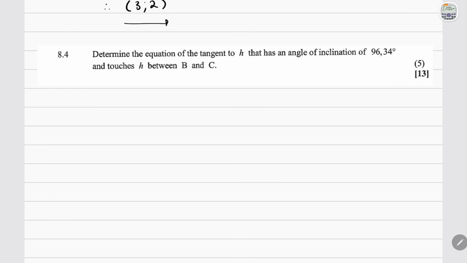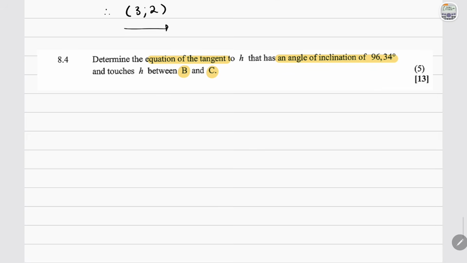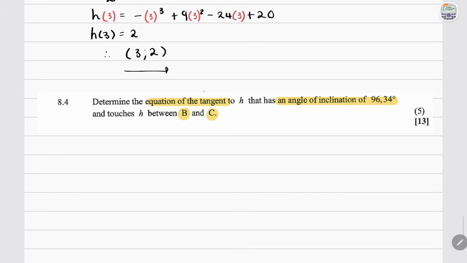The next question, 8.4, says determine the equation of the tangent to h that has an angle of inclination of 96.34 degrees and touches h between B and C. They've given us a lot of information about this tangent. Remember, a tangent is just a straight line.